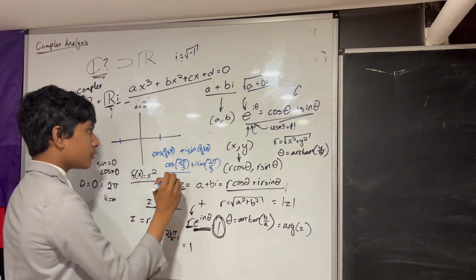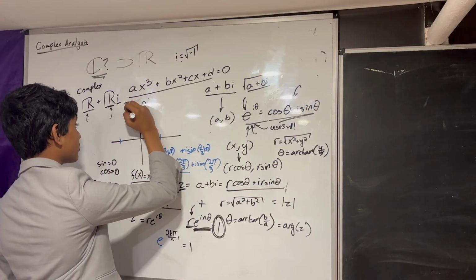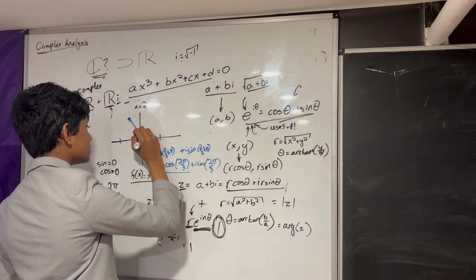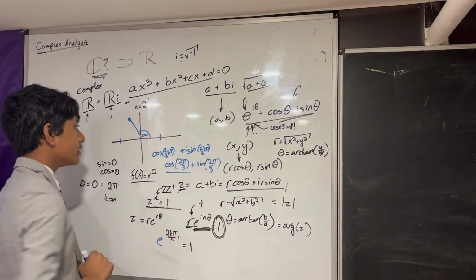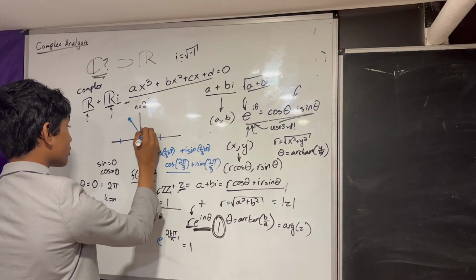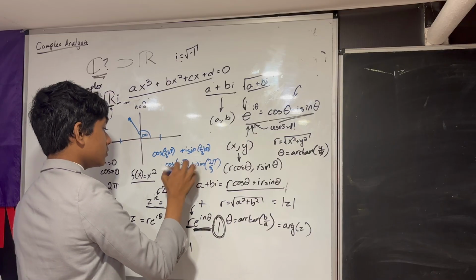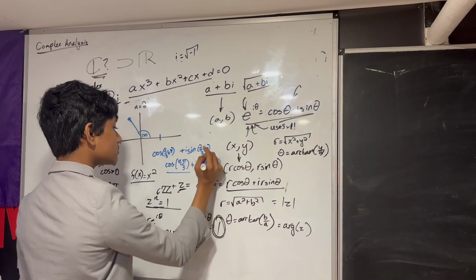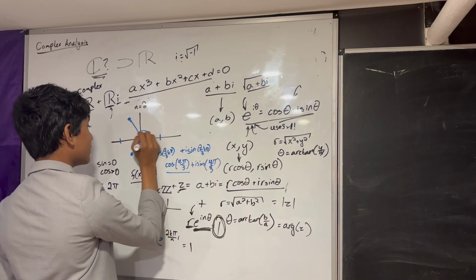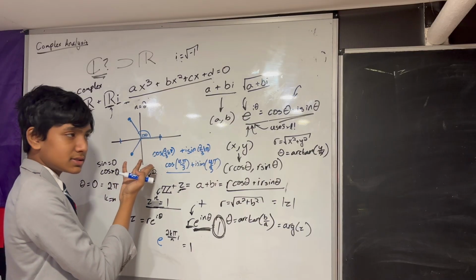So cosine of 120 is around here, and sine of 120 is something 1 unit away from the origin and 120 degrees away from the x-axis. And then you increase k by 1, you get 240 instead, and then you get 360. See, this has 3 solutions.